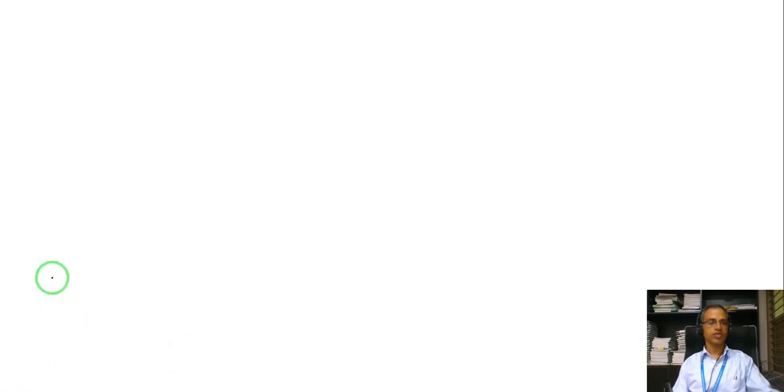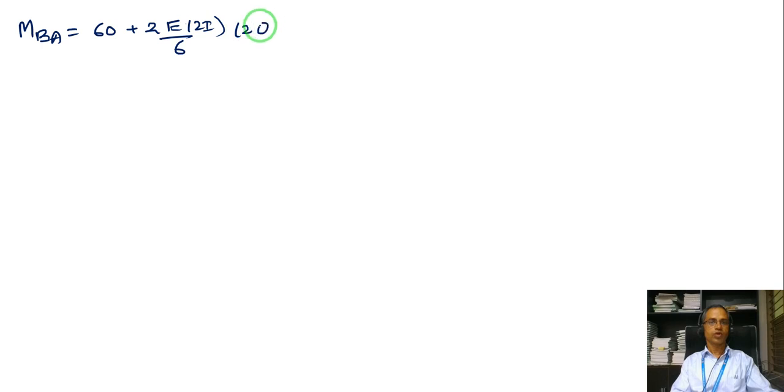So just substituting this, MBA is 60 plus 2 into E into 2I by 6 into 2 theta B. So this is 60 plus 4 EI by 3 theta B. So this is, let us say, equation 2.